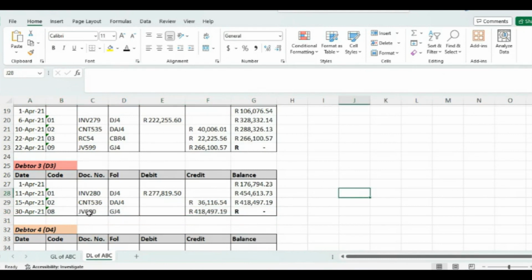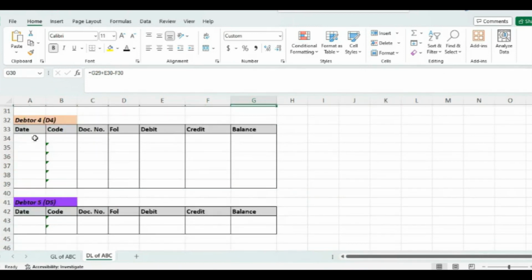So we put that in our general journal, we create a voucher, and we say this is bad debt that is written off here. And his balance is therefore also 0, and he will also not appear on the next month's debtors list. In the case of debtor 4, yes, we have a balance at the beginning of the month.